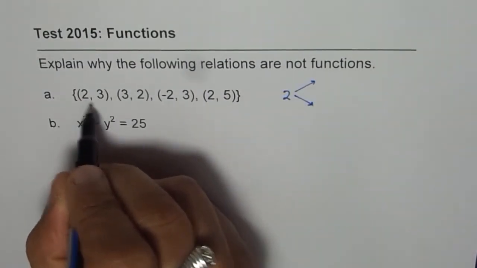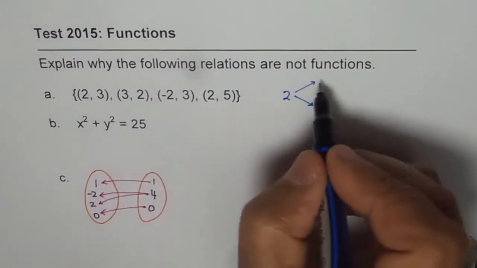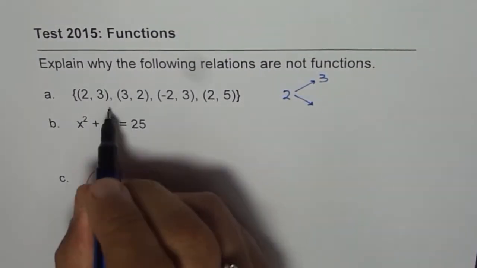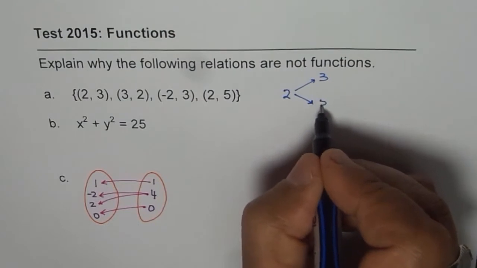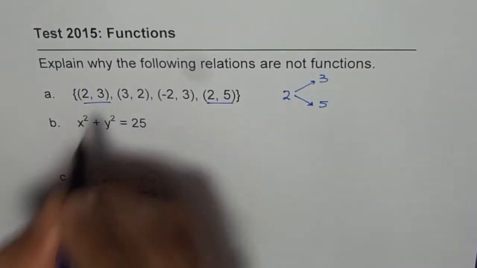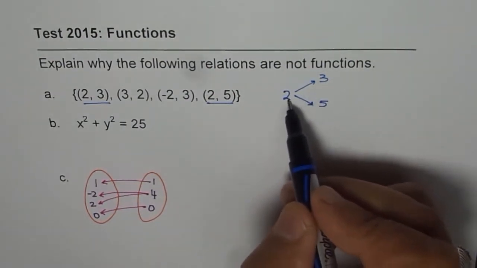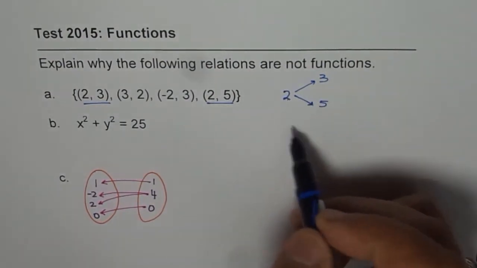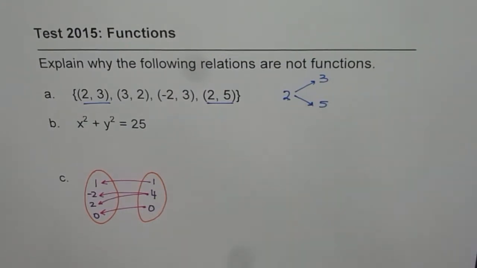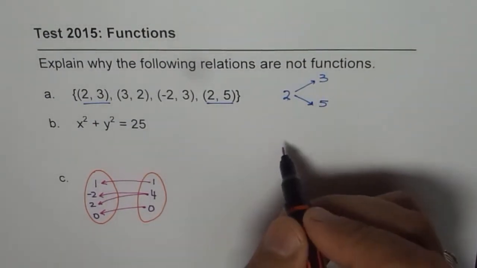So element 2 in the domain is associated with 3 in the range and also with 5. So this is a relation but not a function. It is not a function since it is a one to many relation, right?